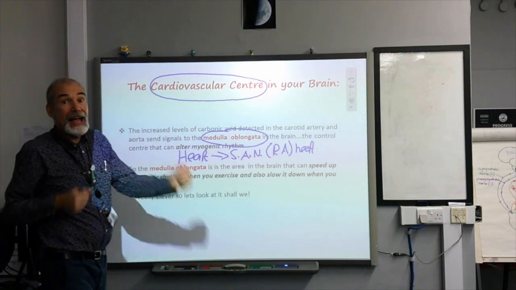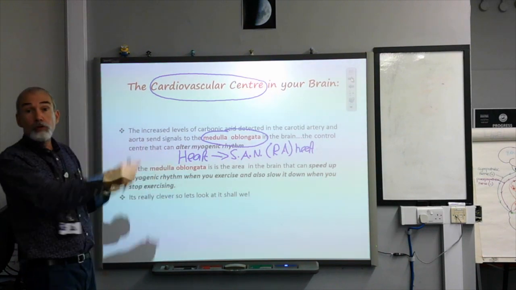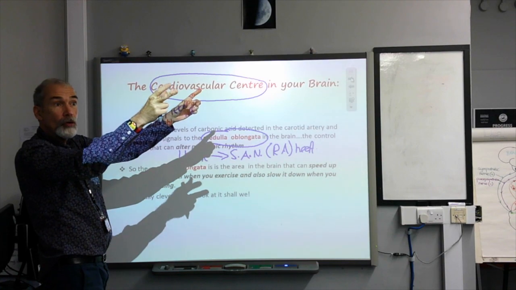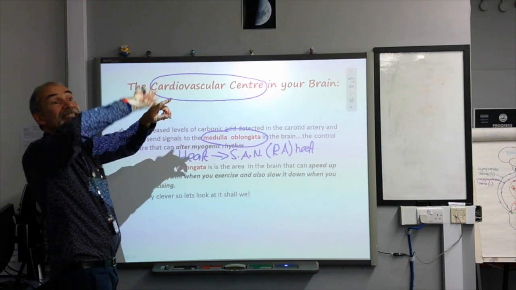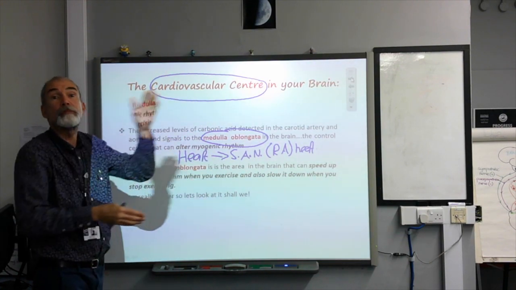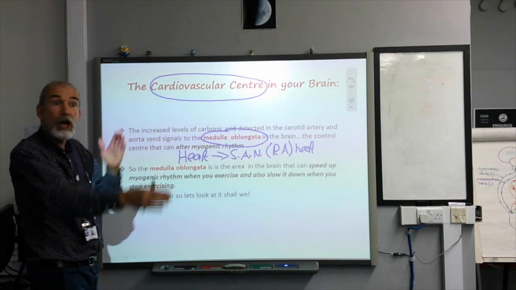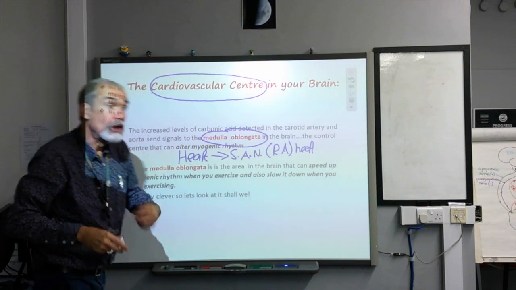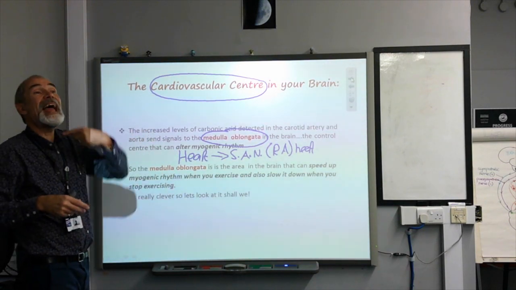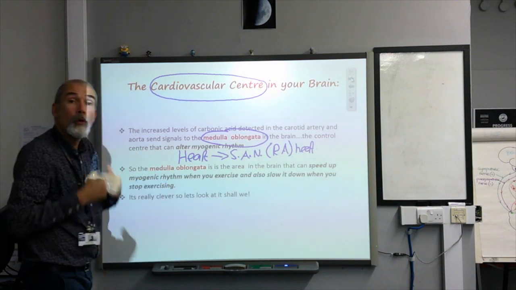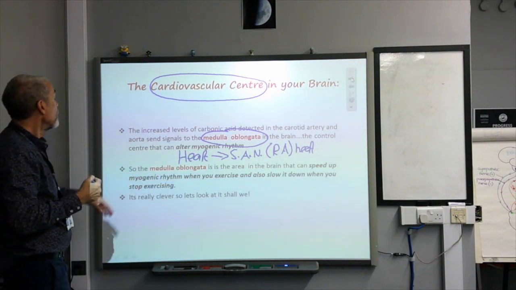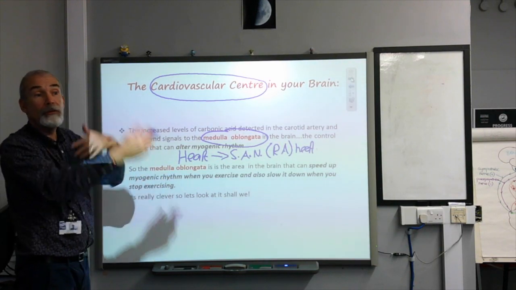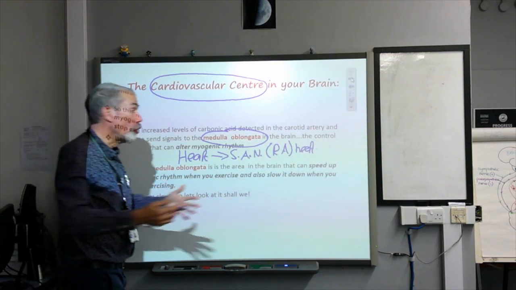So now it's kind of intuitive that all those receptors sending information all the way to your cardiovascular centre in your brain, that control centre is now going to signal your heart to speed up, to increase cardiac output, to try and get the blood circulating quicker so that more carbon dioxide exits as you breathe out and more oxygen comes in. Okay?